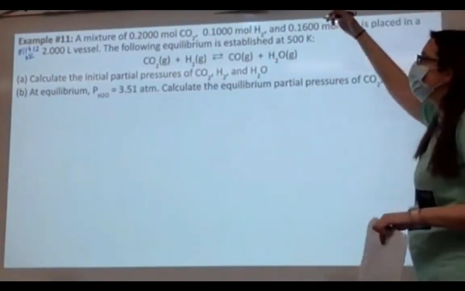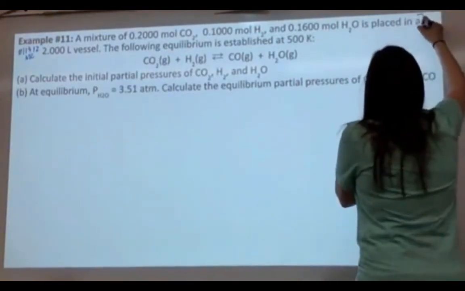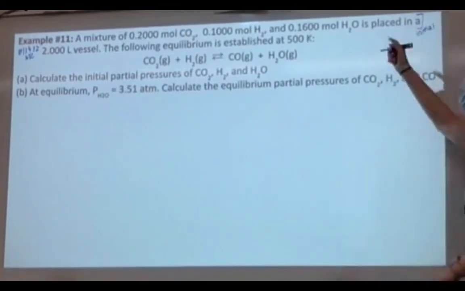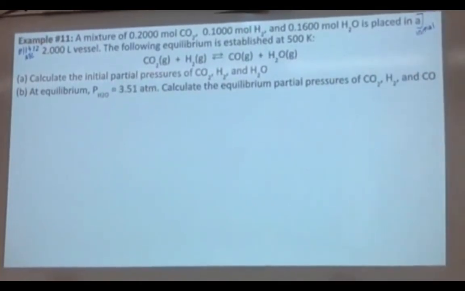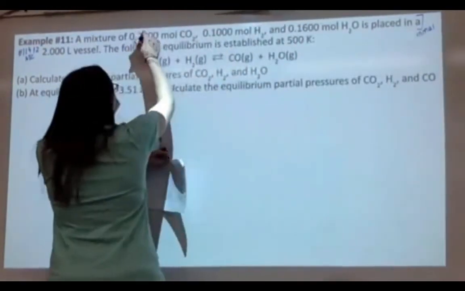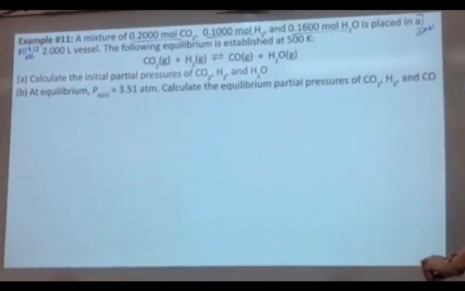Placed in a 2-liter vessel means those are initial amounts. So all of these amounts given are initial amounts because they are placed in a container. So moles, moles, and moles. These are all initial amounts. The following equilibrium is established, and they give us the balanced equation.